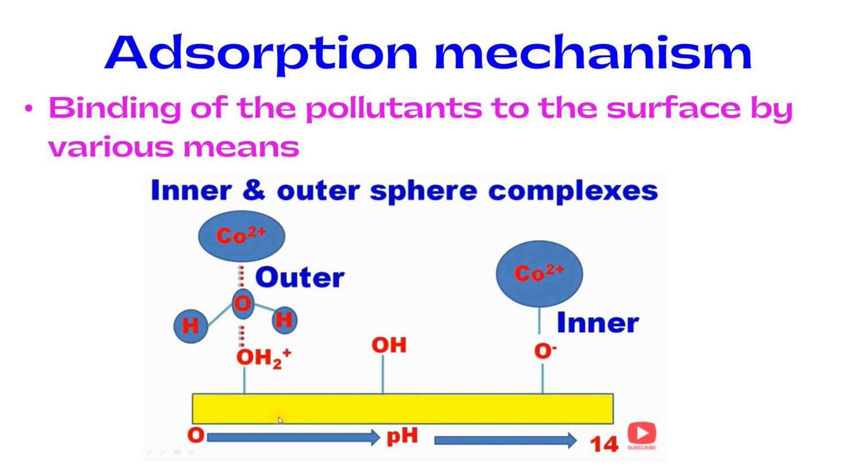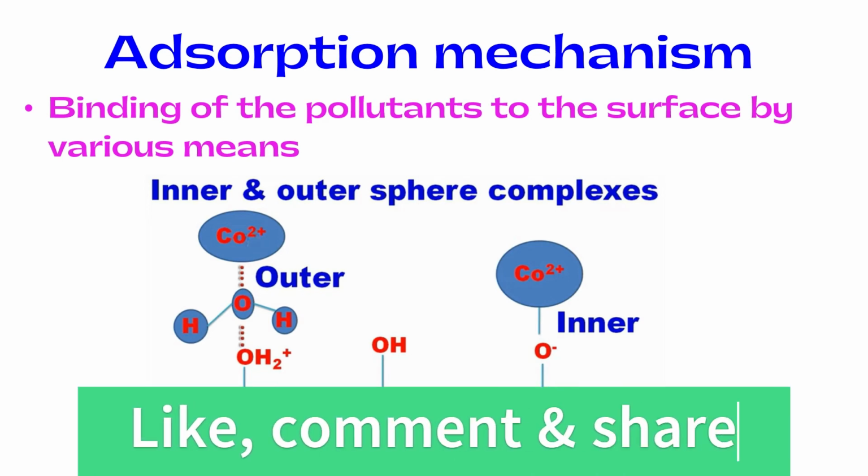In case of outer sphere complexation, there must involve a water molecule between adsorbate and surface. On the other hand, in case of inner sphere complexation, there must be a direct chemical bond between adsorbate and surface, and there is no involvement of water molecules.